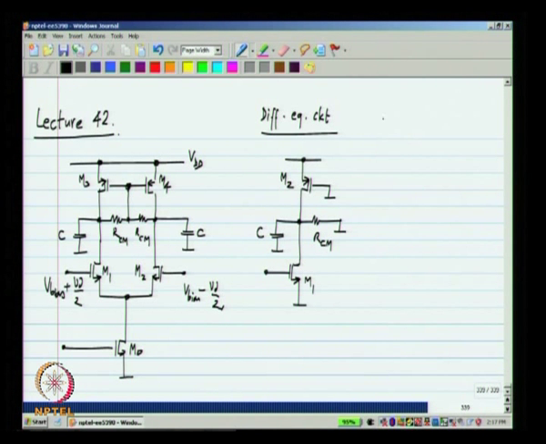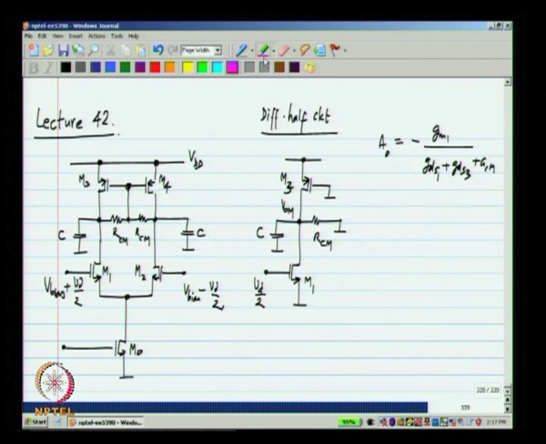The differential half circuit has a DC gain, that is from Vd by 2 to Vom, of minus Gm1 by (Gds1 plus Gds3 plus Gcm).